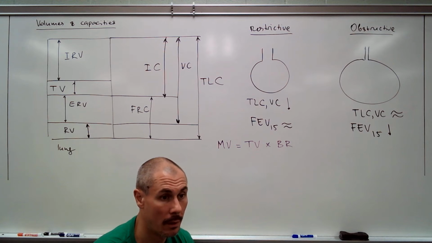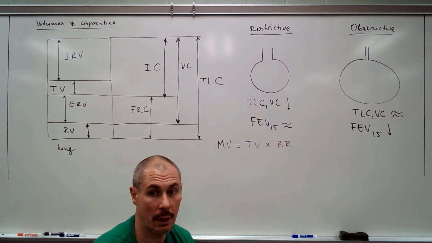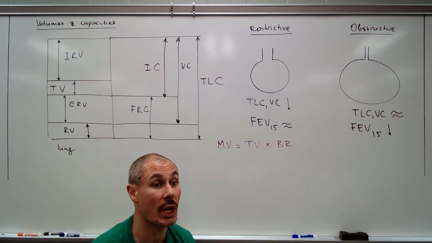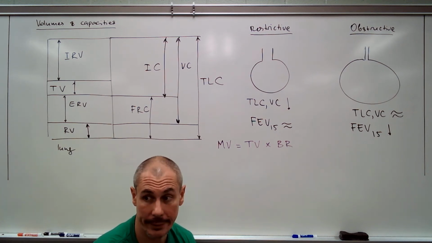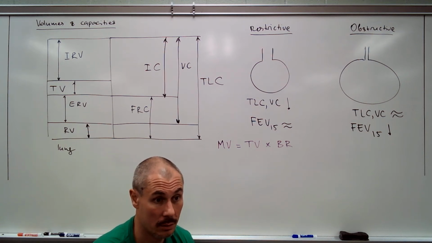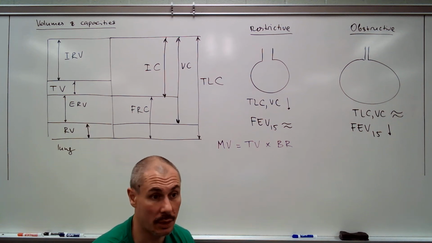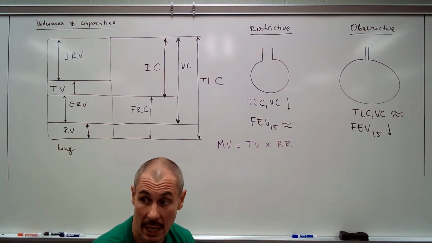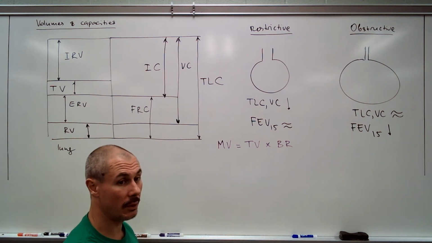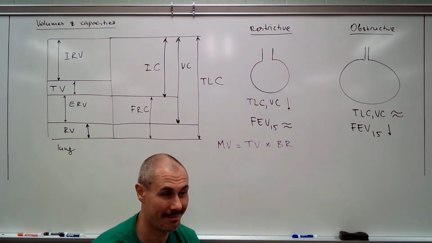Now, for instance, how do you think your minute ventilation will change when you're running really fast? It will significantly increase, yeah, because you're probably going to breathe faster and deeper. Okay, makes sense, right? Now, a trick question.